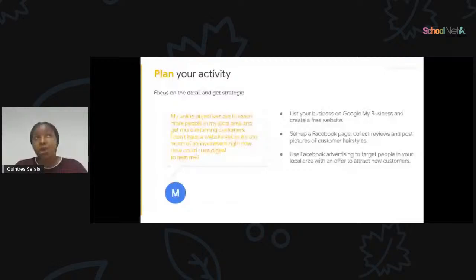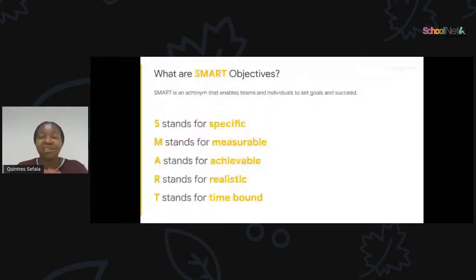So instead of us plucking ideas out of thin air, what's specific, what you need to think about is your goal, right?